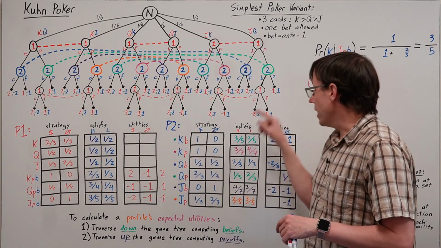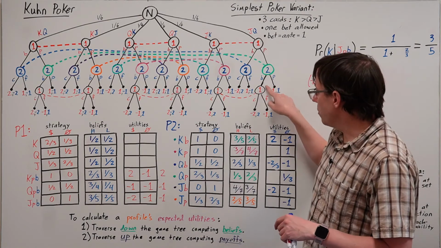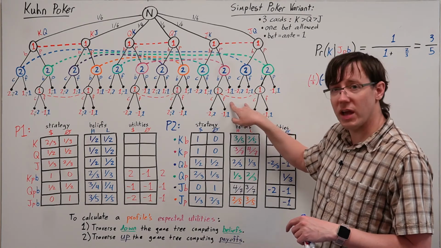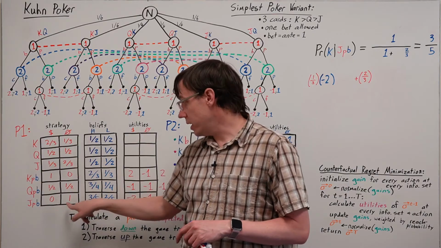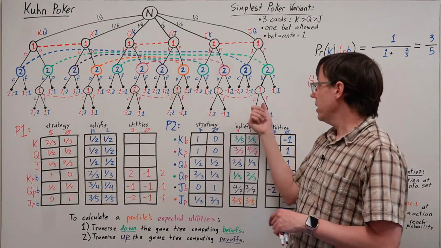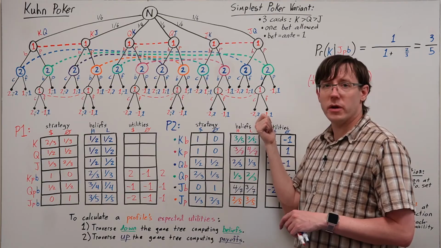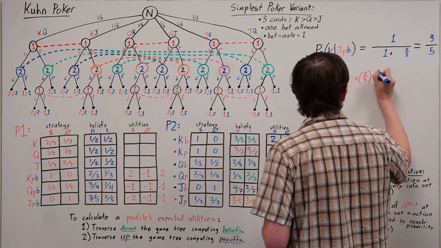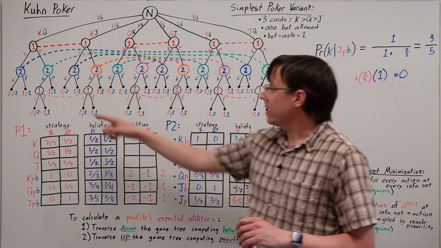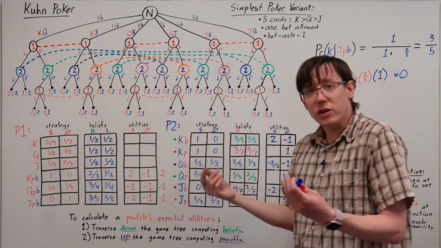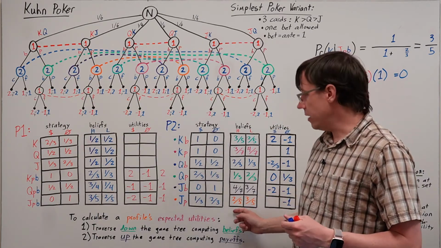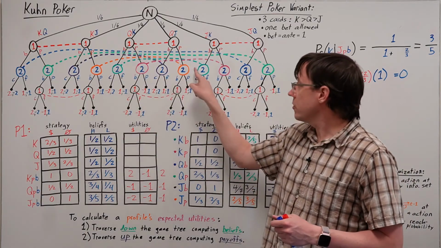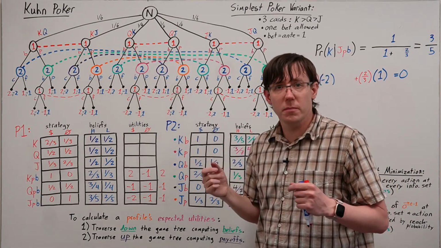But 2/3 of the time, we are at this state, where playing bet leads us to the information set for player 1, JPB, where player 1 is always playing fold, in which case we end up at this outcome, and player 2 gets +1. And so the expected utility of playing bet at the green information set is 0. At the orange information set, there's a 2/5, 3/5 belief distribution.